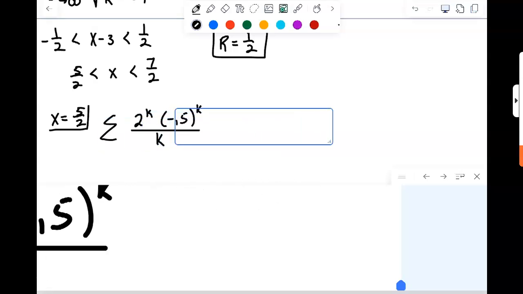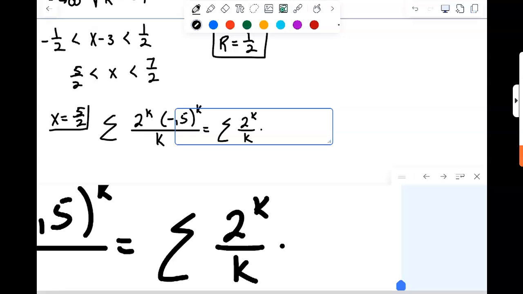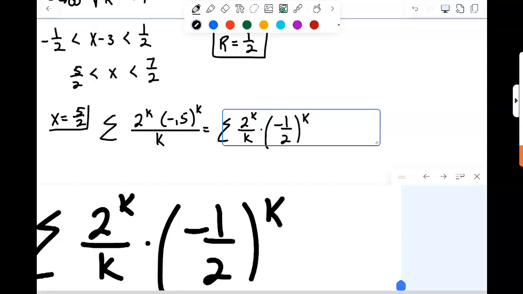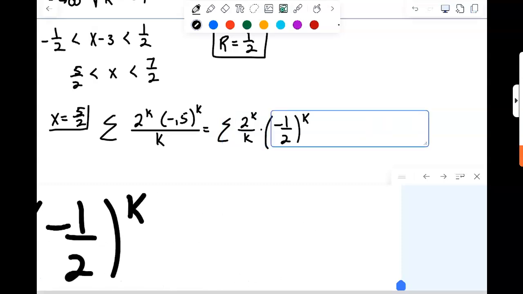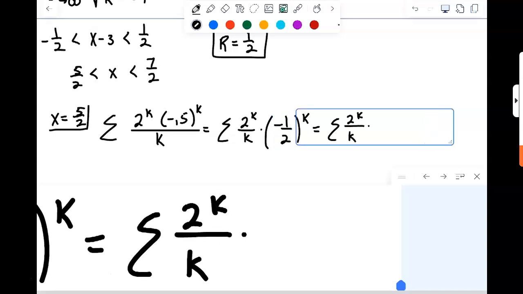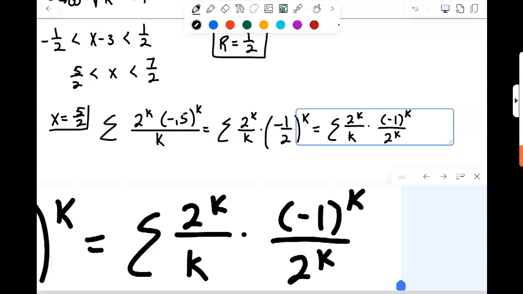And so we simplify. We get the sum of 2 to the k over k, and negative 0.5 to the k would be negative 1 over 2 to the k. So we can rewrite that as the sum of 2 to the k over k times minus 1 to the k over 2 to the k.